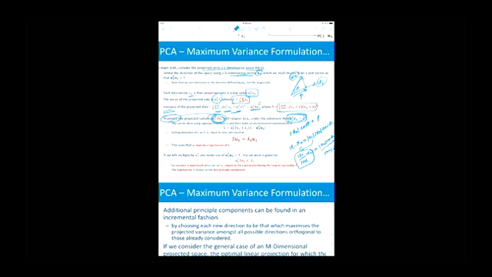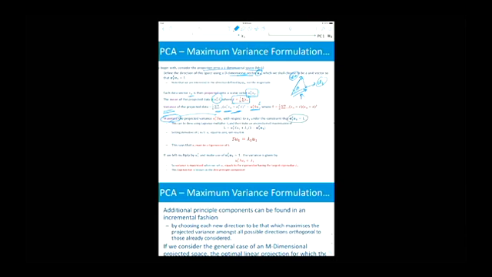So what the Lagrangian does is it creates a variable called L, Lagrangian, that's why the name came. Then it puts the objective function u1 transpose S u1, plus it introduces a scalar variable called lambda, times all the constraints. So in here, the constraint is this one.